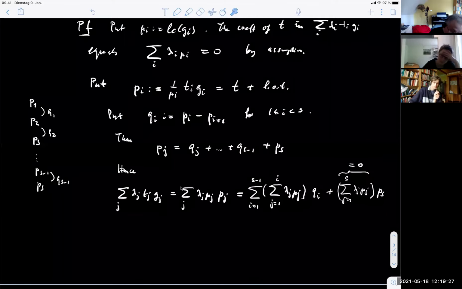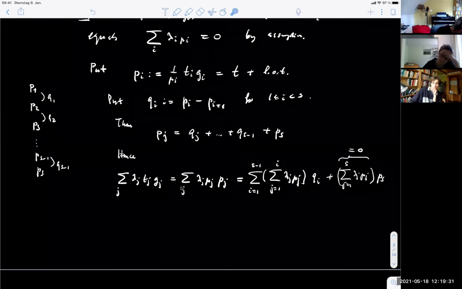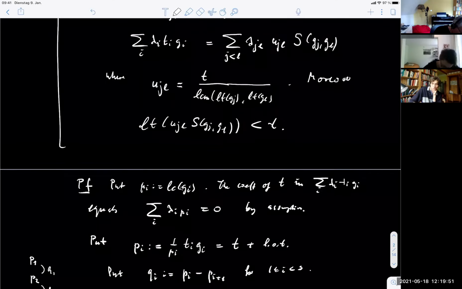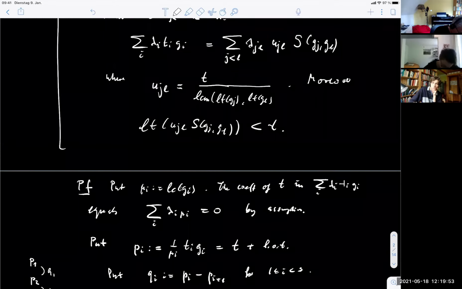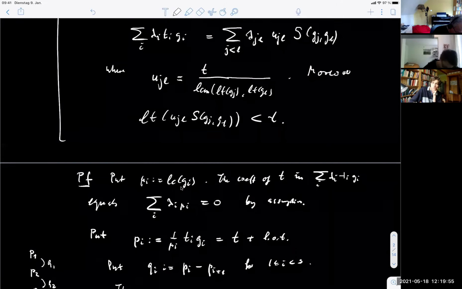Actually, I will show that Q I is a multiple of an S polynomial. How do I do it? I write down what I want. We'll show this. In the general statement, it's very general: it's a sum over J comma L, but I will assume L is J plus 1.